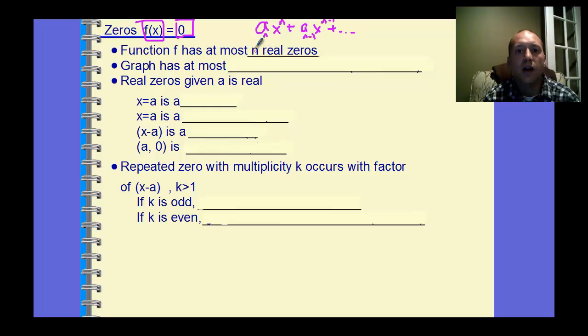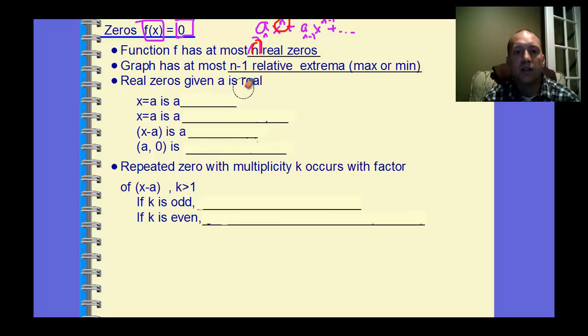The n that I'm talking about here is the degree of the polynomial. So the number of zeros we can have is at most the degree of the polynomial. The graph has at most n minus 1 relative extrema, or maximums and minimums, and those are the turning points we talked about, one less than the degree.